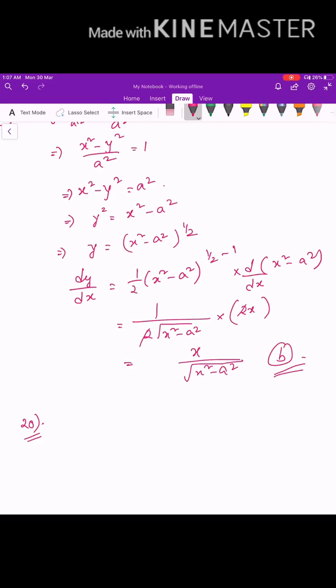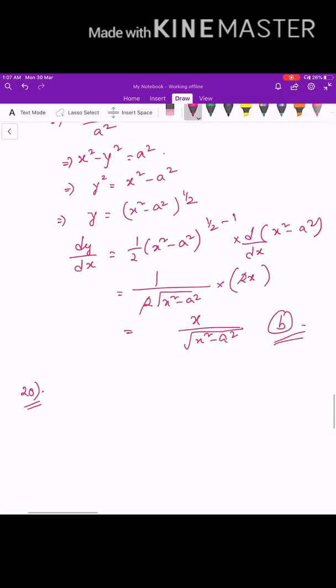number 20. Okay, this is a good question. Let us see. The slope of the tangent to the curve y is equal to 4 minus x square. Can also be written as 4 minus x square to the power half, right?